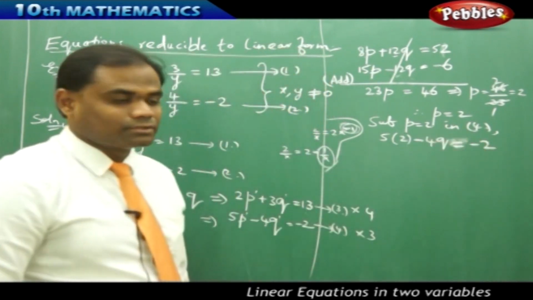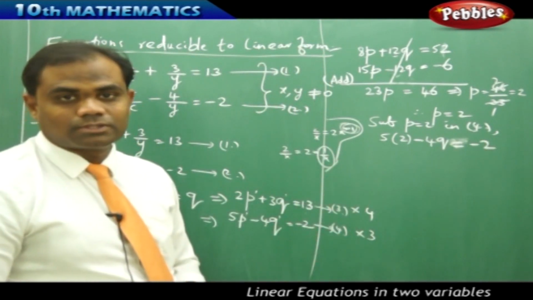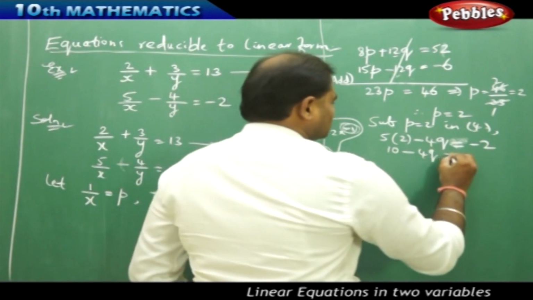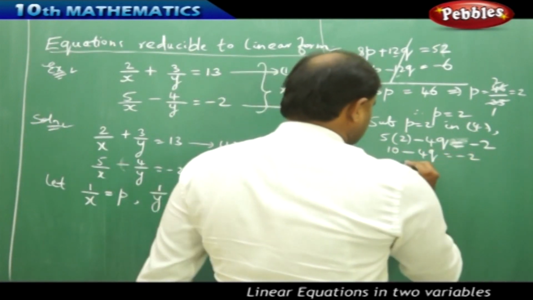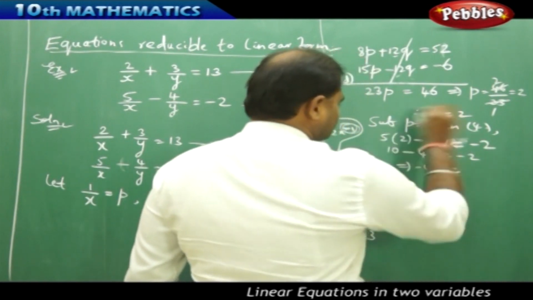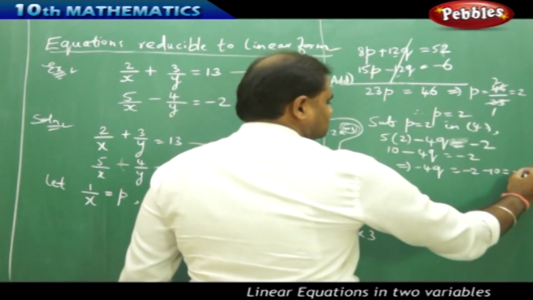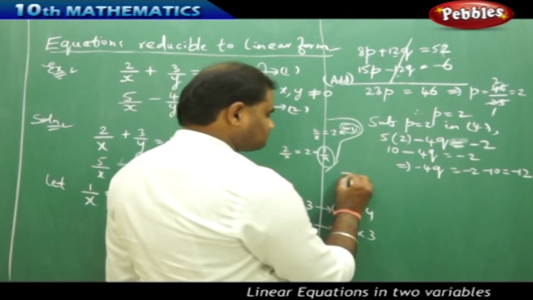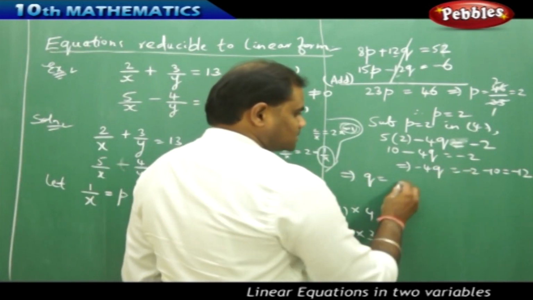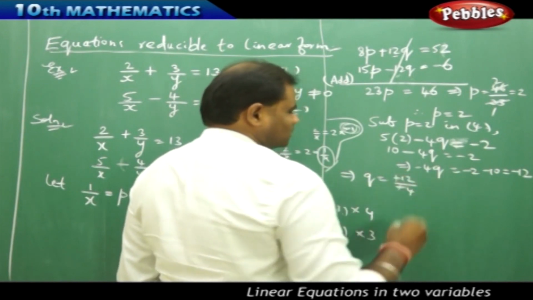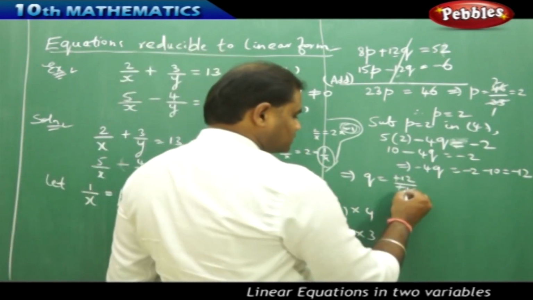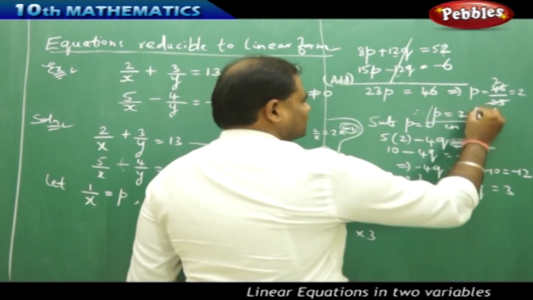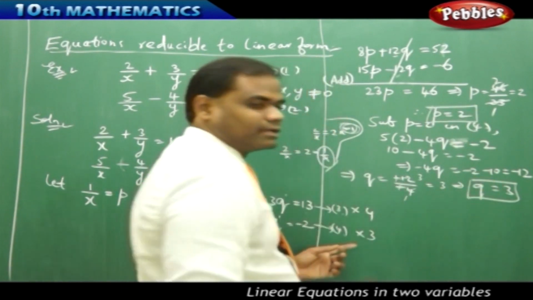Now this is 5 times 2, 10, minus 4q is equal to minus 2, which in turn gives me minus 4q equals minus 12. Therefore, the value of q here is minus 12 over minus 4, which on further simplification gives me the value as 3. Now I got the value of p as 2 and the value of q as 3.